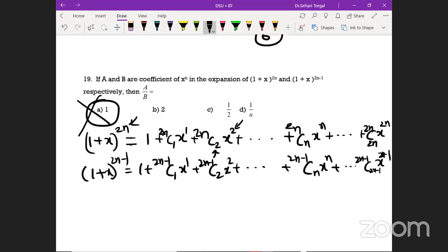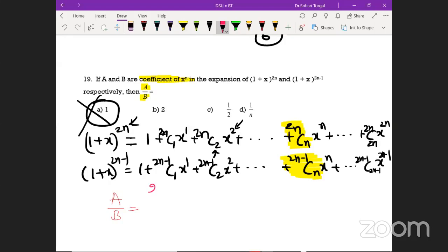Now you take the coefficient. This is A, the coefficient of x power n. And 2n minus 1 cn is the coefficient of x power n. That is called B.